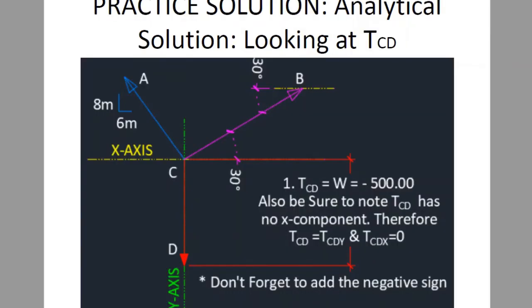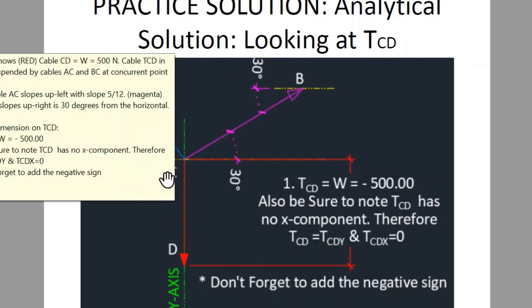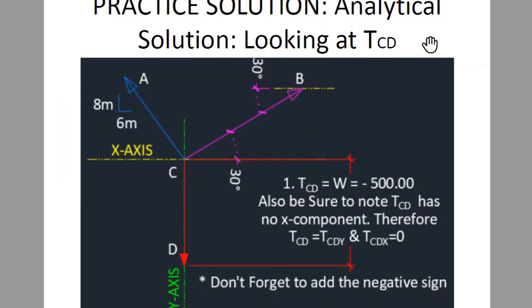Alright, so to begin, I first drafted the directions of the two unknown forces, and then I also drafted the TCD, which is what we know. So let's take a look at TCD. We know that TCD is equal to 500.